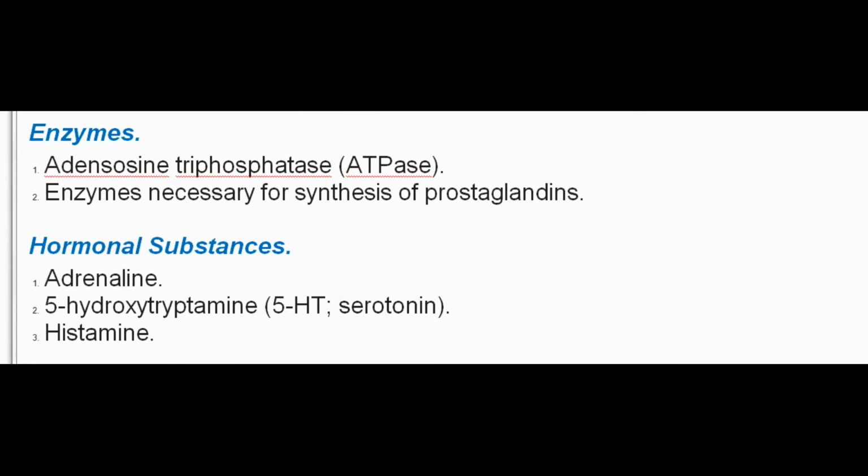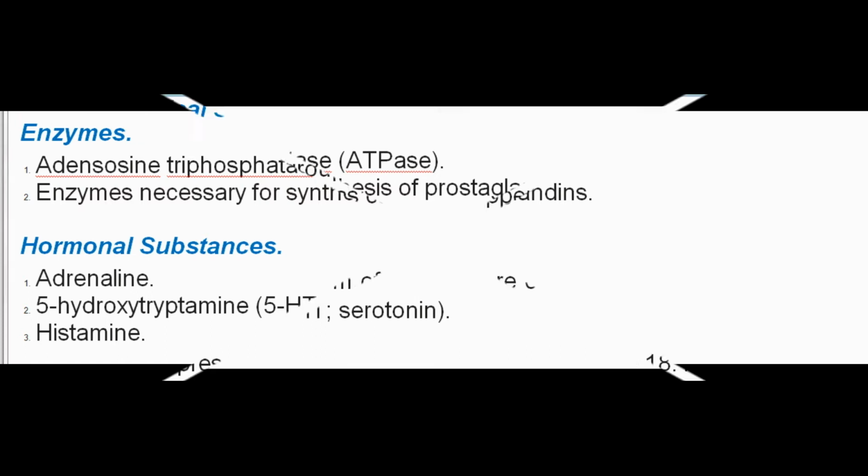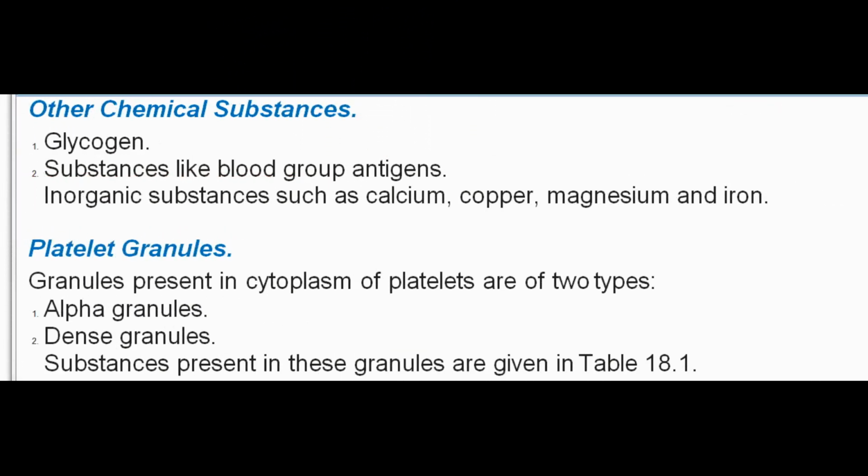Enzymes: adenosine triphosphatase, ATPase, and enzymes necessary for synthesis of prostaglandins. Hormonal substances: adrenaline, 5-hydroxytryptamine, 5-HT, serotonin, and histamine. Other chemical substances: glycogen, substances like blood group antigens, and inorganic substances such as calcium, copper, magnesium, and iron.